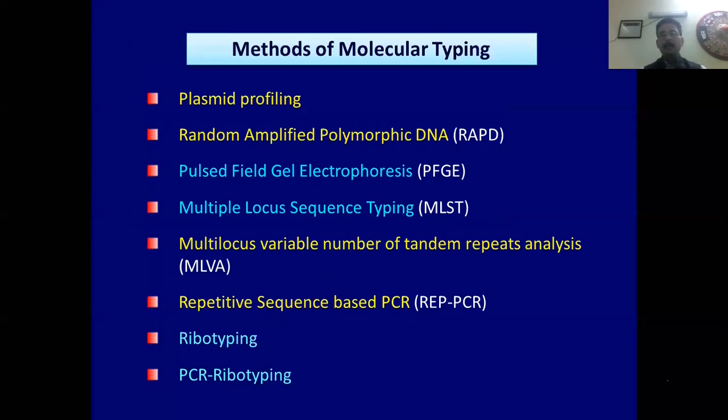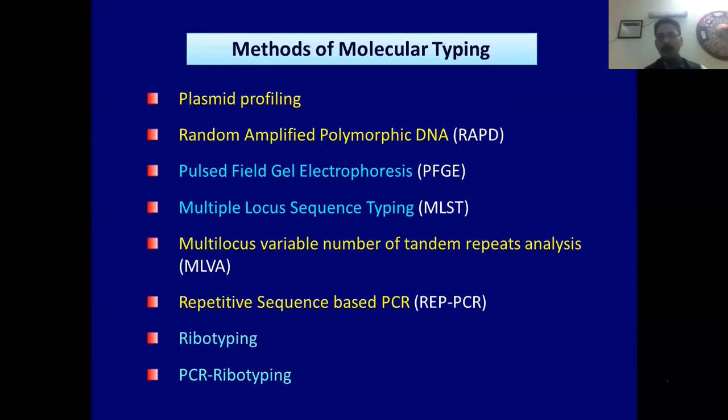Basically, today's rapid microbial typing methods include plasmid profiling, Random Amplified Polymorphic DNA, or what we normally describe as RAPD technique, Pulsed Field Gel Electrophoresis or PFGE, multiple locus sequence typing, what is usually described as MLST, similarly multilocus variable number of tandem repeats analysis, MLVA, repetitive sequence-based PCR, REP-PCR, ribotyping, and PCR ribotyping.